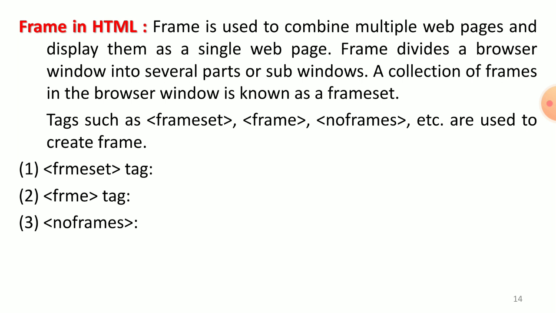SRC attribute is used to mention the URL of the file along with the frame tag. That is the frame tag. And third is noframes. This tag is used to show an alternative message to the users when the browser does not support frames. The message given with this element is presented only when the browser does not support frames.